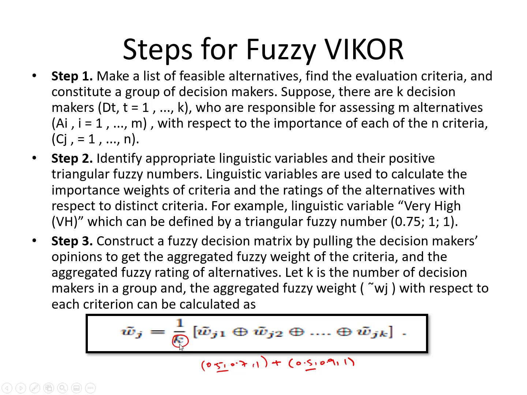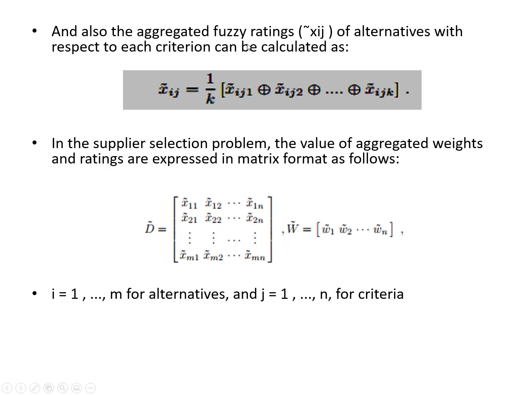How many decision makers do we have? Let's suppose we have 2 decision makers, then we divide by 2. This is how we conclude step 3, and also the aggregated fuzzy rating of alternatives. We did that for the criteria, and then we will do this for the alternatives.